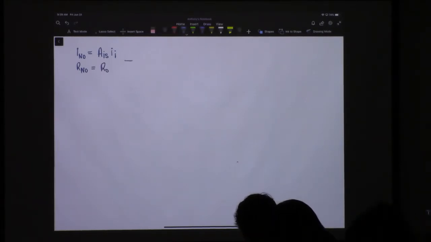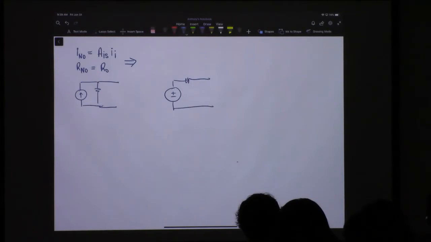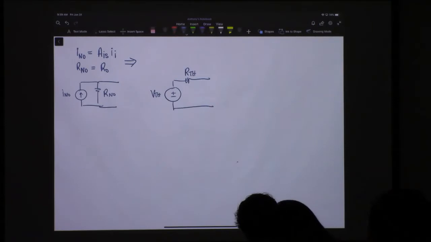Okay, now we want to take that, so this looks like this. I'm not going to draw it as a dependent source, it doesn't really matter. We have something that looks like this. We want to convert it to something that looks like this, right? This is I Norton, this is our R Norton, this is going to be our V Thevenin, and this is going to be our R Thevenin, but we know it's going to be equal to the R Norton.